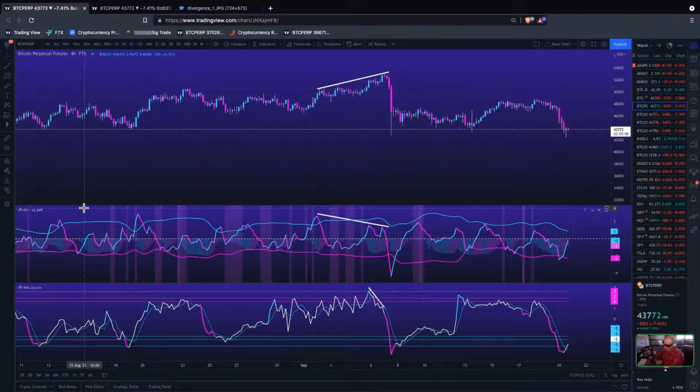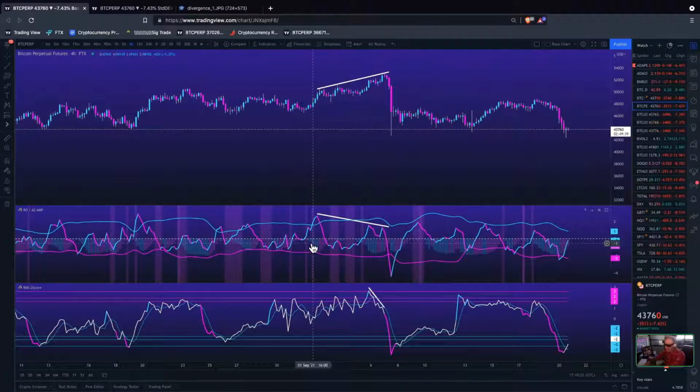So on our returns oscillator, there was divergence building. And remember, a higher high on price action and a lower high on the indicator, that is bearish, that is regular bearish divergence, okay? And you can see how this divergence was building over days, right? All the way from the move from about 50K up to about 53K.